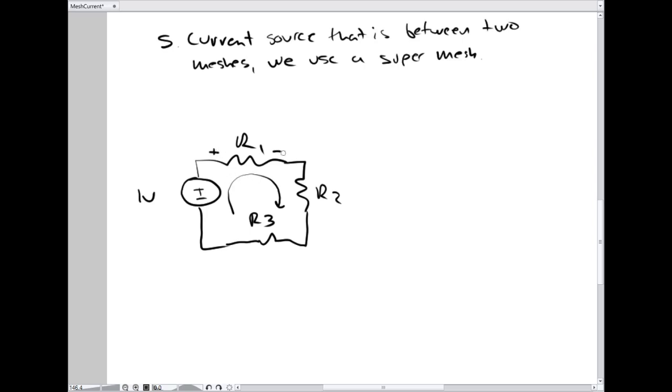The mesh current follows the voltage drop. And remember, for Kirchhoff's voltage law, all the voltages have to be lined up the same way. Remember Kirchhoff's current law, it's like all of them going in equals 0, all of them going out equals 0. With Kirchhoff's voltage law, all the voltages add up to 0, but they have to be oriented the correct way for that to happen.